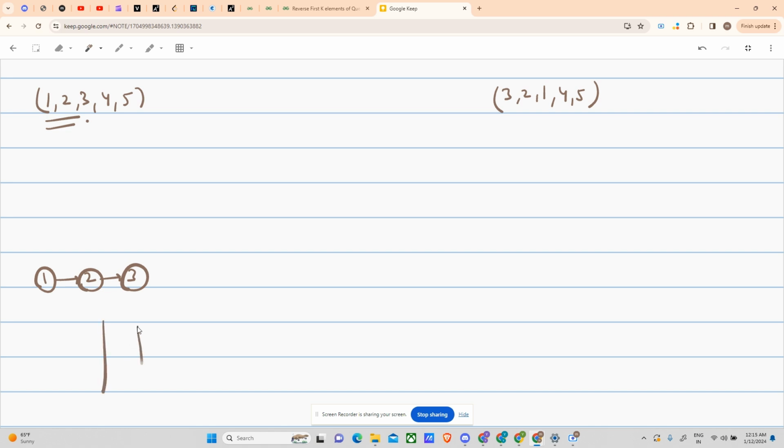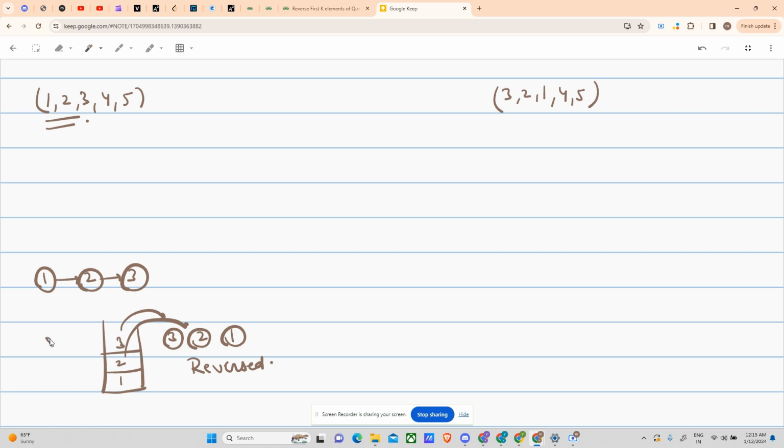It would look something like this: first 1, then 2, then 3. Now I evacuate it. While evacuating, I will see that 3 comes first, then 2, and after that 1. So I put in 1, 2, 3 and got 3, 2, 1. The order is actually reversed.